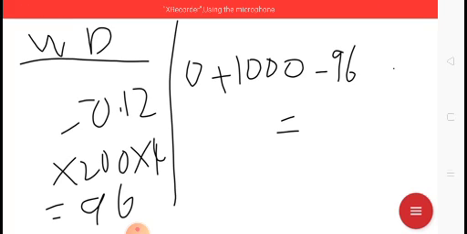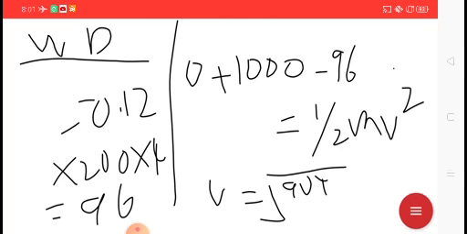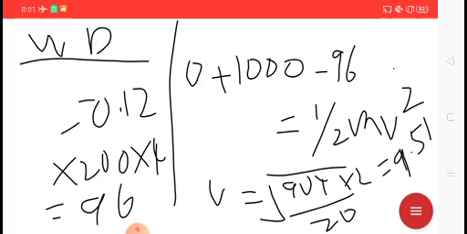For the right hand side, once you reach the destination, you only have 1 over 2 mv squared. So for this question, once you solve, you will have v equal to the square root of 904 times 2 over 20. So you should get v equal to 9.51 meter per second.